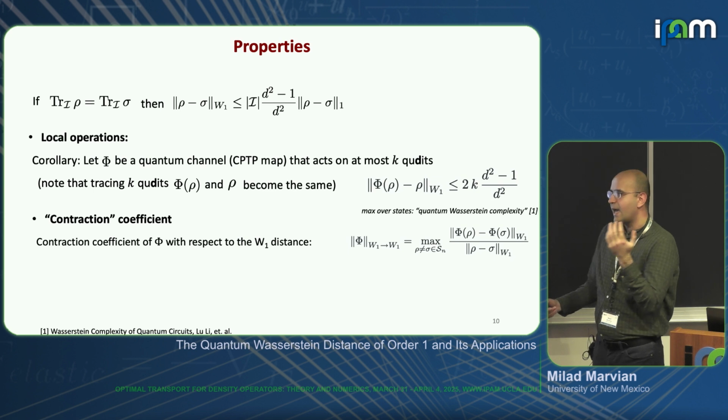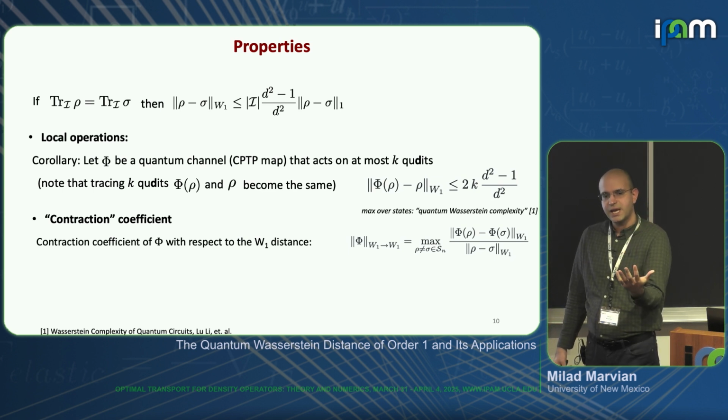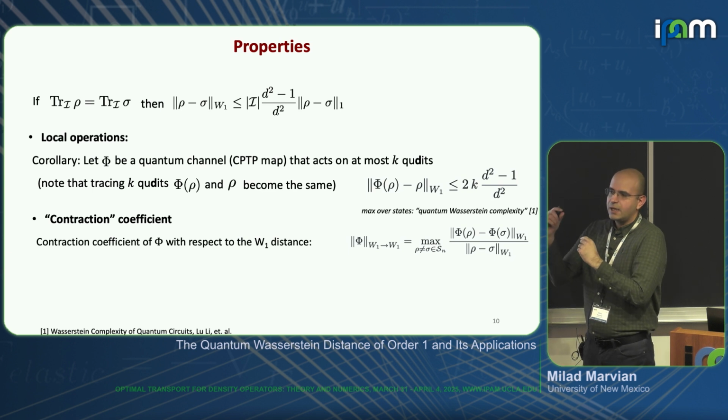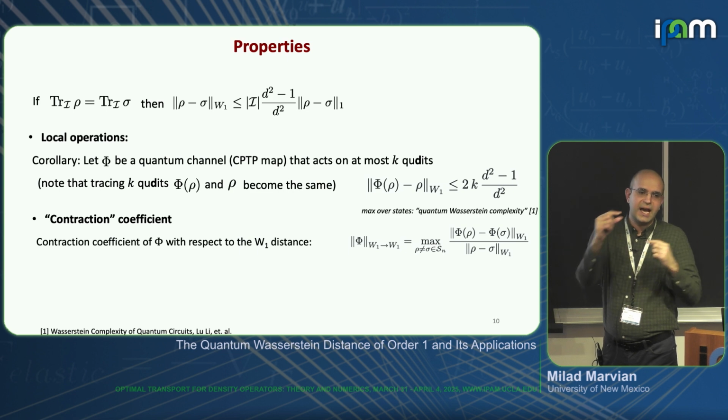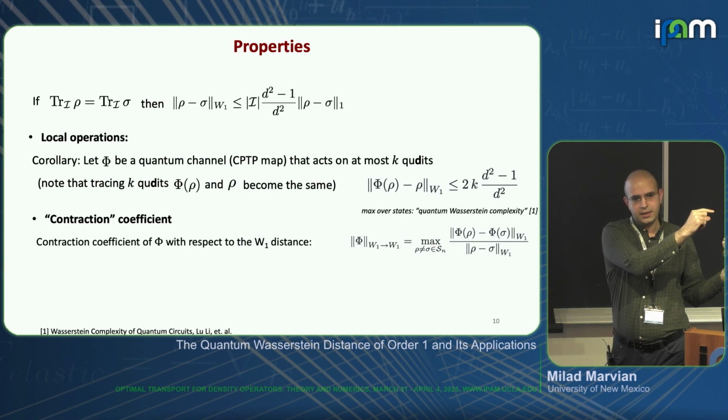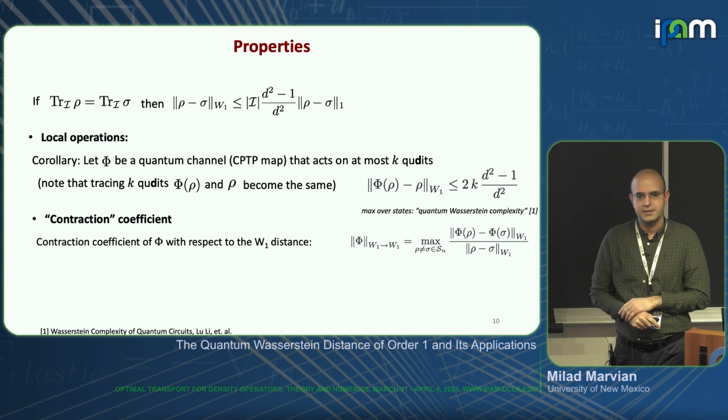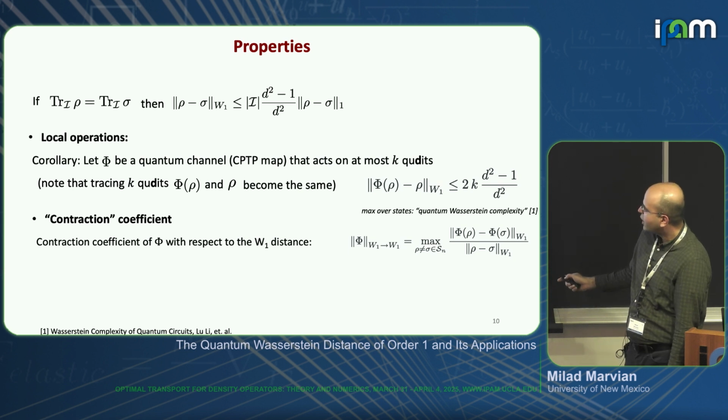This is asking: if I have some quantum channel, some CPTP map, and I start from two different quantum states, rho and sigma, how far can the outputs of this channel be in this distance? So phi(rho), phi(sigma) are the outputs of the channel.